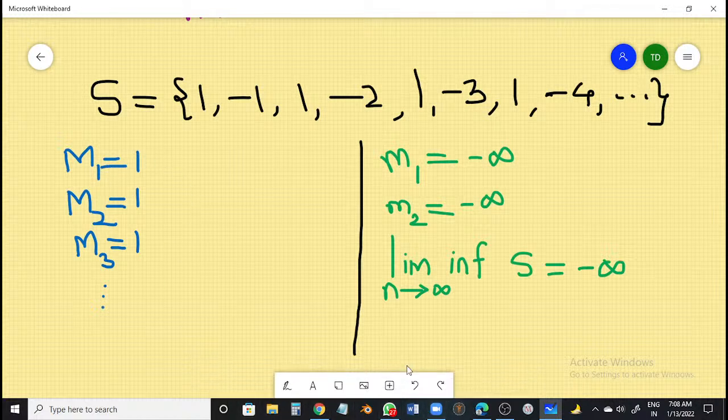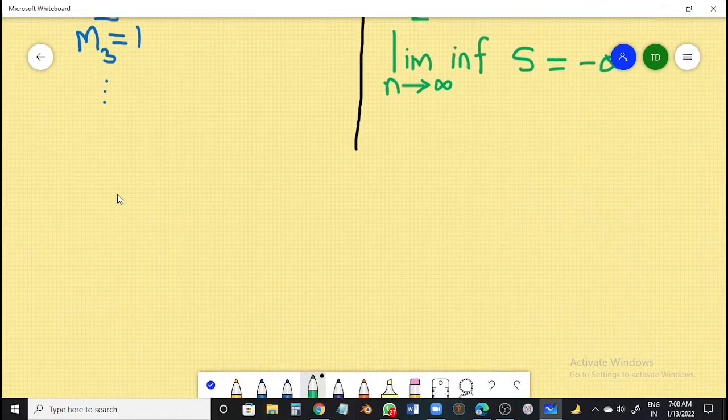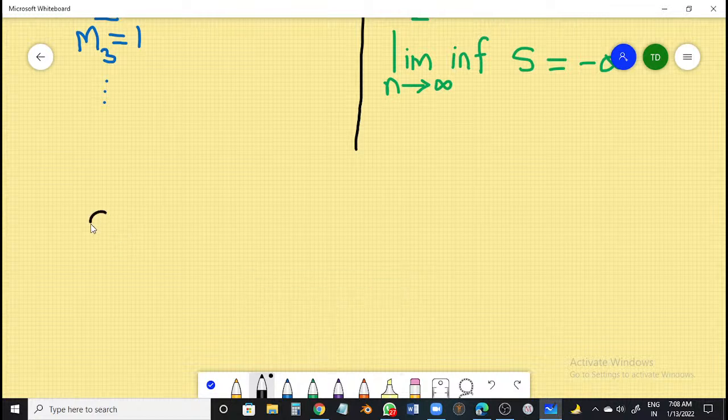Now let us go on handling the sequence S equal to, the same that we handled earlier, -1, -2, -3 and so on. So this sequence is also not bounded below. Though it is bounded above, it is not bounded below.